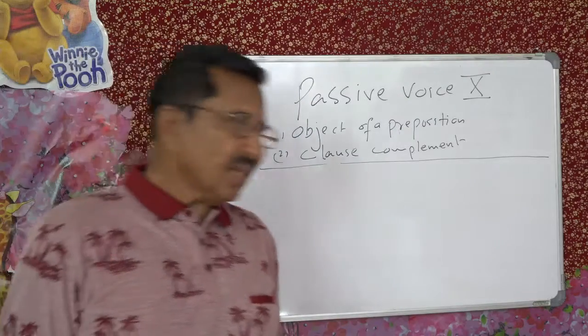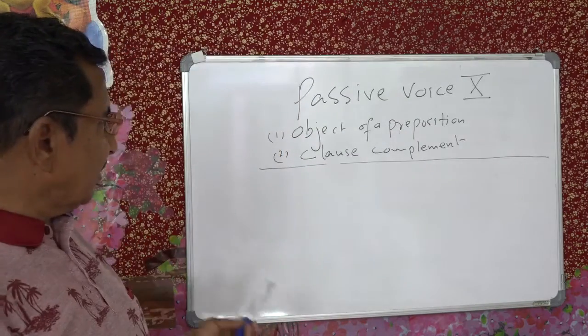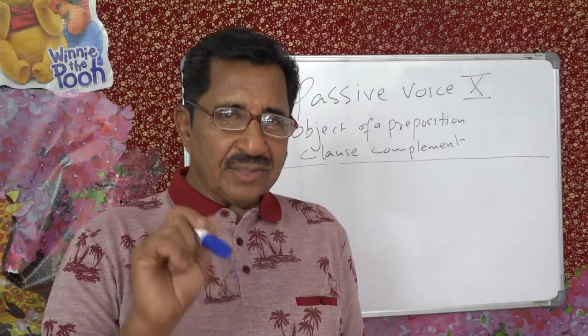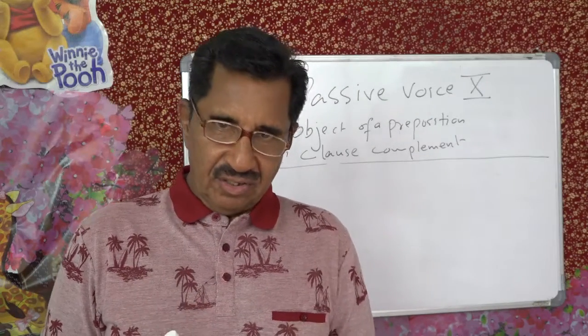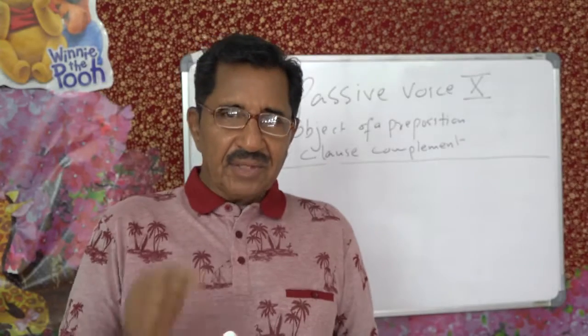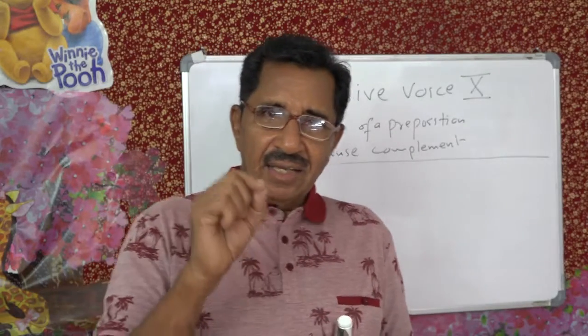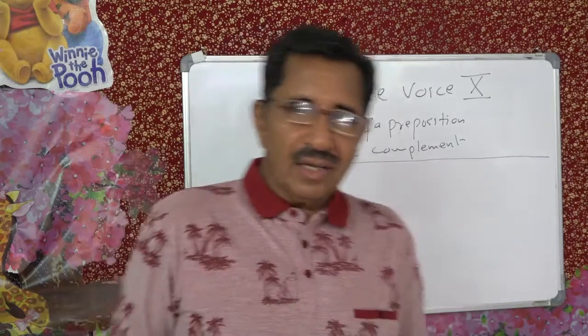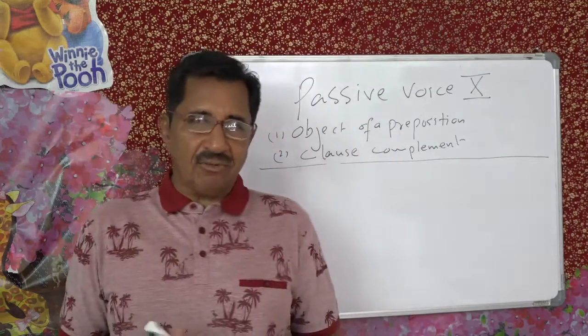Then you will become more active. So here we have come to this situation where I have already told you only transitive verbs can be passivized. We can change a sentence from active to passive only if the sentence contains a transitive verb.